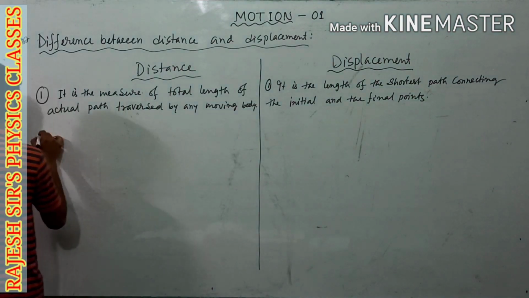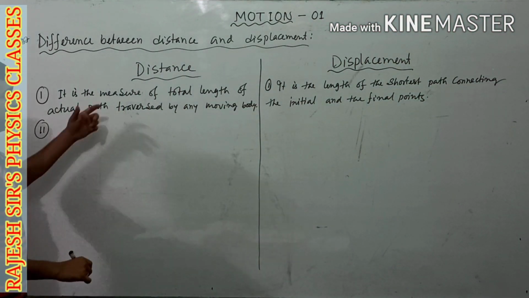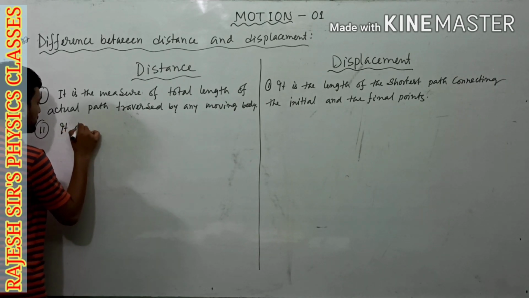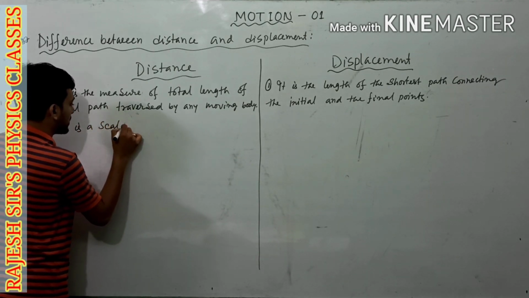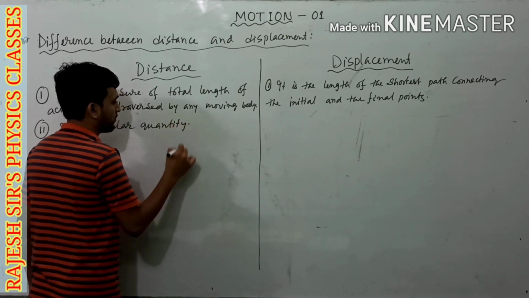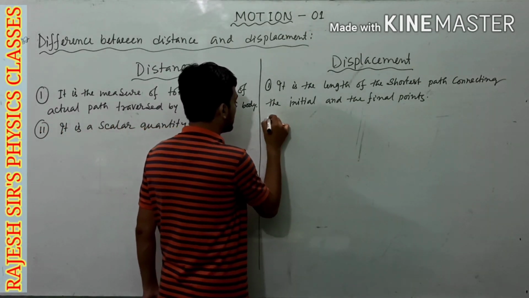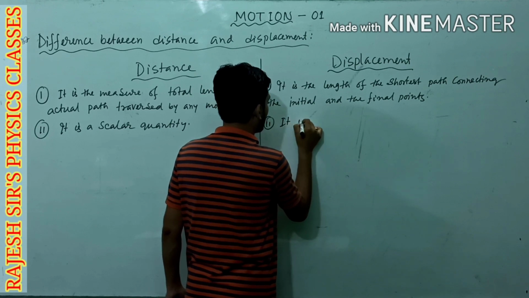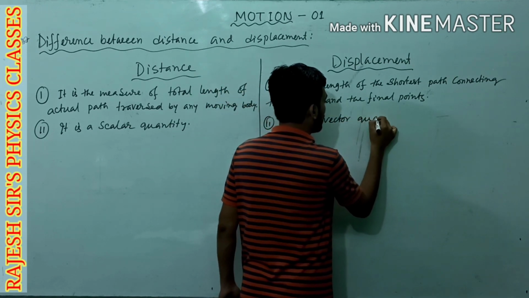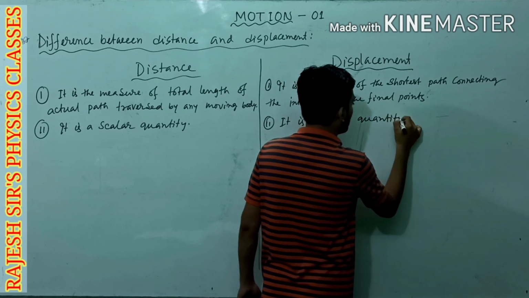Second point will be, since distance has only magnitude and no direction, so it is a scalar quantity, and here displacement is a vector quantity because it has both magnitude and direction.